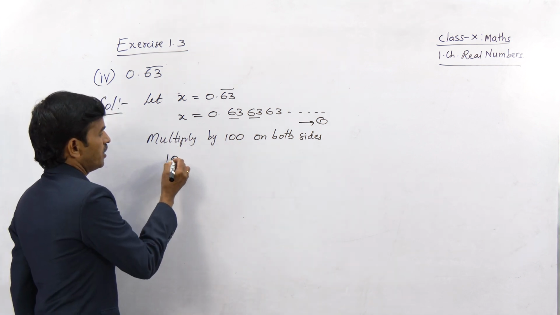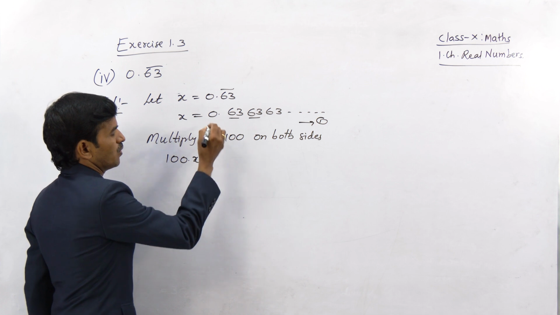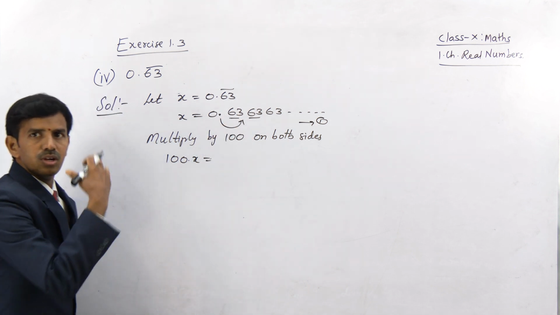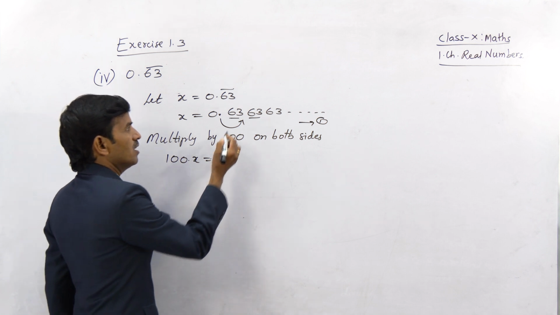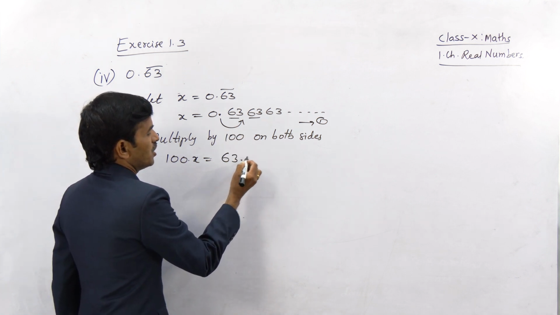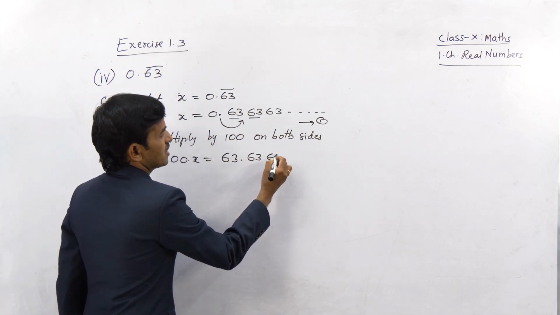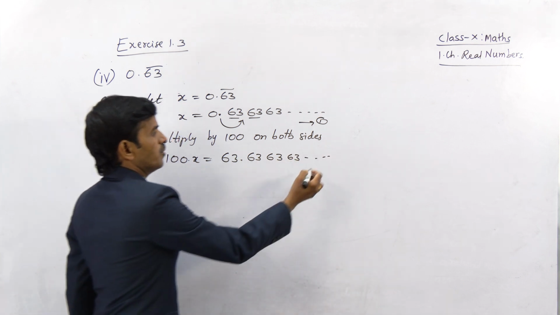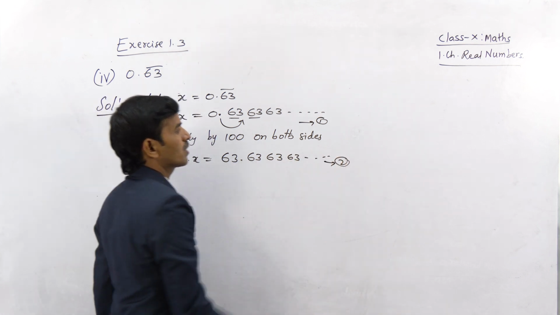Then the equation becomes 100 times x is equal to, when you multiply with 100, the decimal point moves 2 digits towards the right side. Then it becomes 63.63, 63, 63 and so on. Let it be equation number 2.